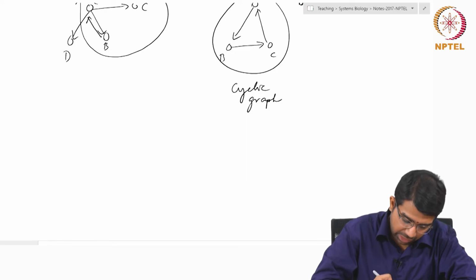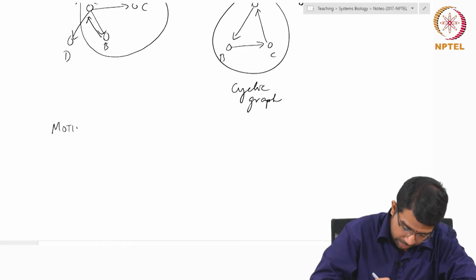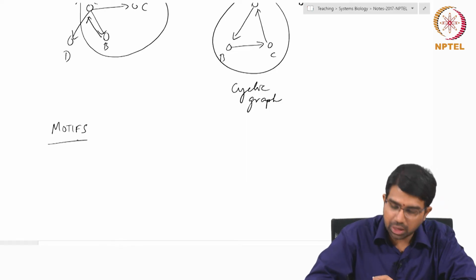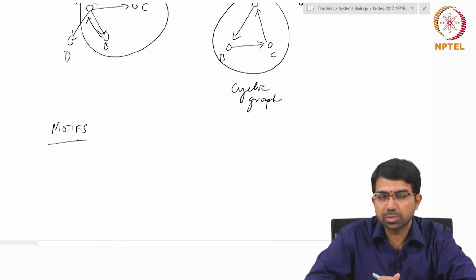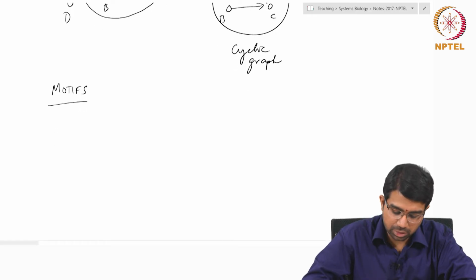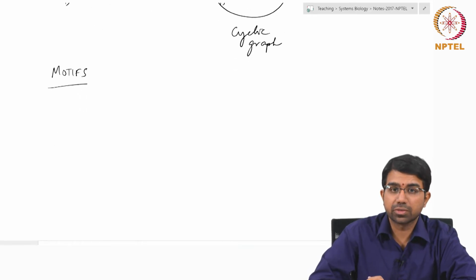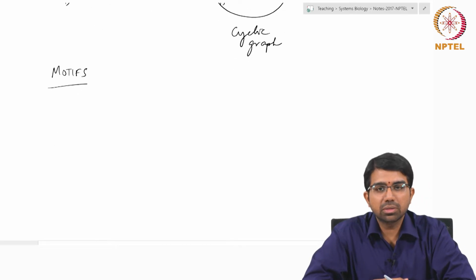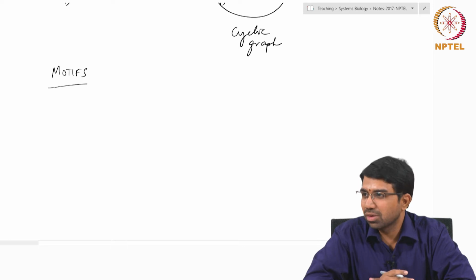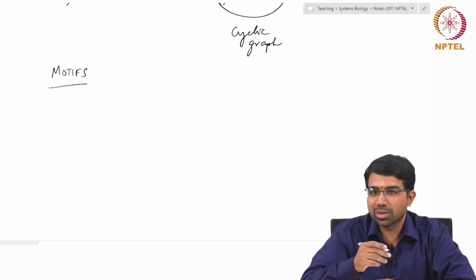The last concept that we wanted to look at, I will just briefly go over it and we will spend almost a whole class on it a little way down the line, is what is a motif. What is a motif in general? You have heard the word in English, right? It is some sort of a pattern or usually a logo or something like that.